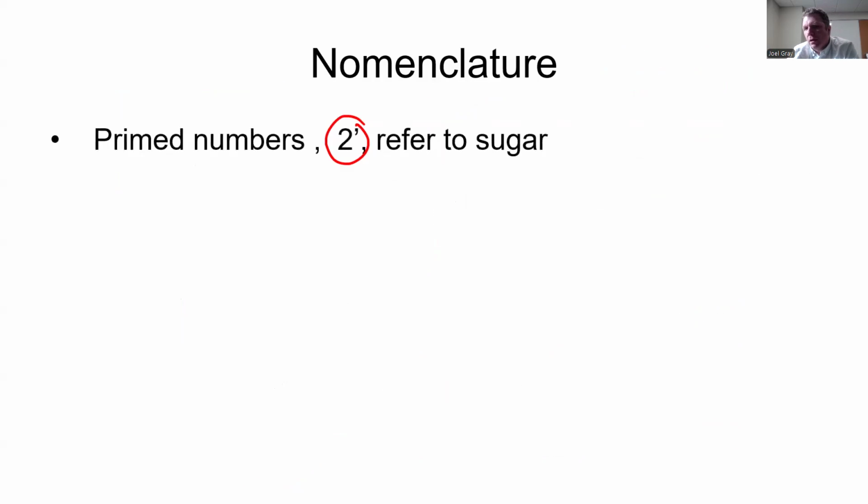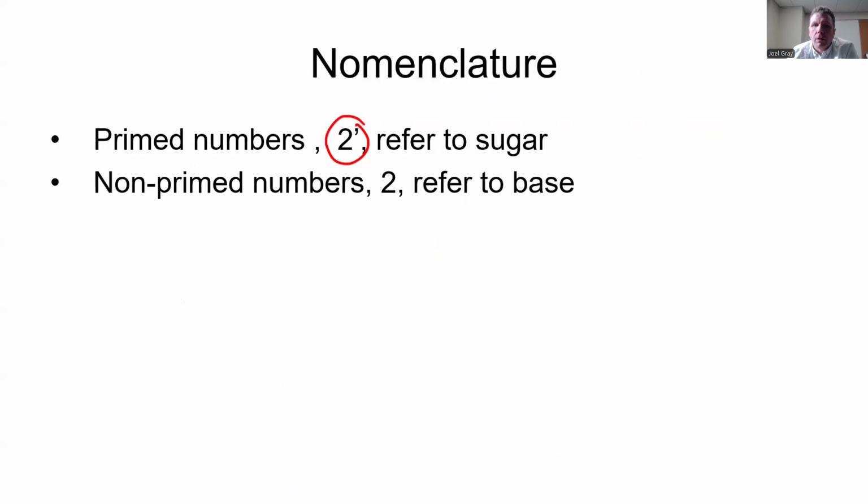Well, in order to avoid that confusion, anytime you say something prime, like 1 prime, 2 prime, 3 prime, 4 prime, you're talking about the atom within the sugar ring. Non-prime numbers, by comparison, are in reference to the bases, which is another reason that when we refer to phosphates, we refer to them as alpha, beta, and gamma.